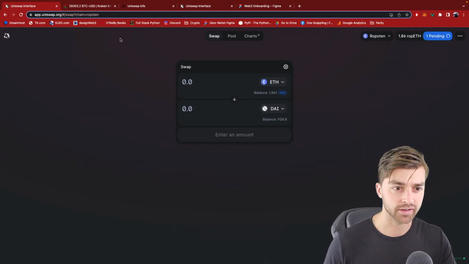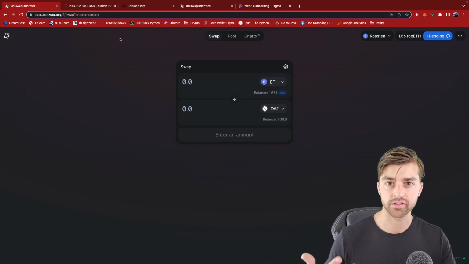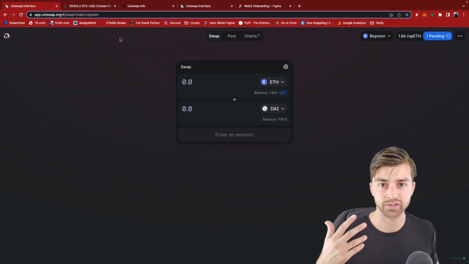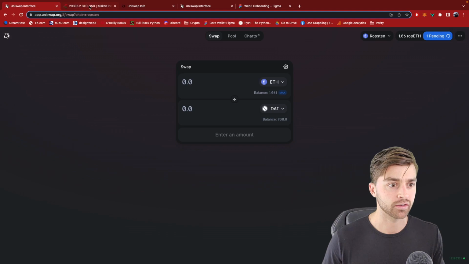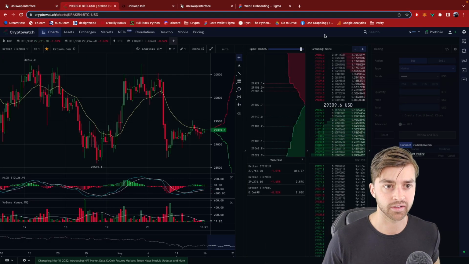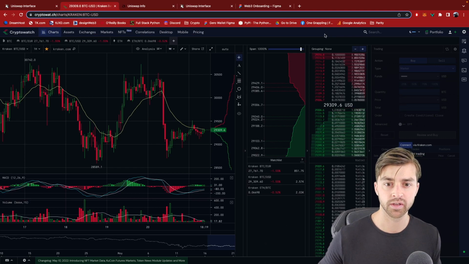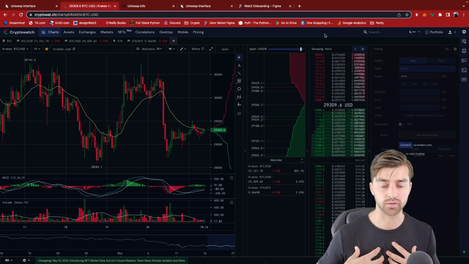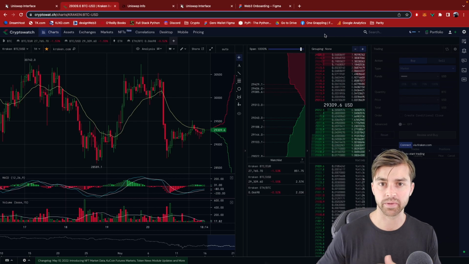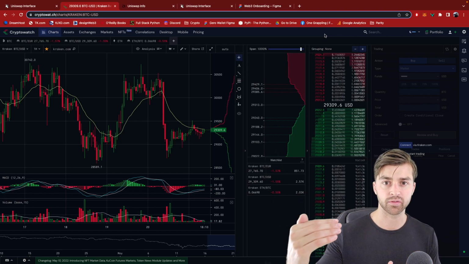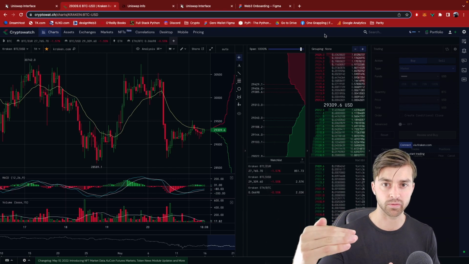Now, decentralized exchanges and centralized exchanges, as you may expect, function differently from one another. So how do you make trades on a centralized exchange? They use something called a central limit order book. Let's say we're talking about Bitcoin here. If I own Bitcoin, then I put in a sell bid for how much I'm willing to sell Bitcoin for.